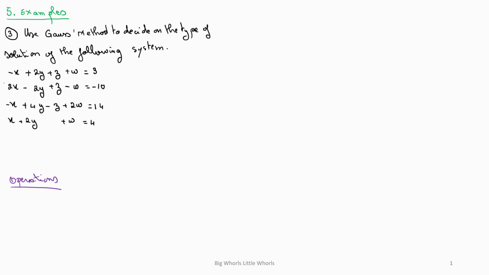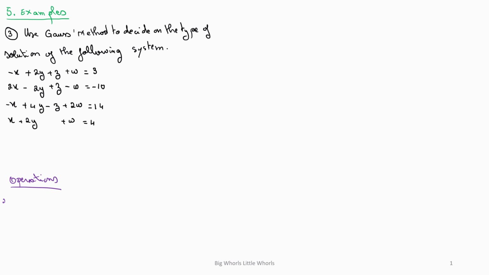So operations here. How do I eliminate the 2x in row 2? Is to multiply row 1 by 2. So if I multiply minus x by 2, then minus 2x plus 2x is going to be 0. Is that okay? So I'm going to go a bit faster.